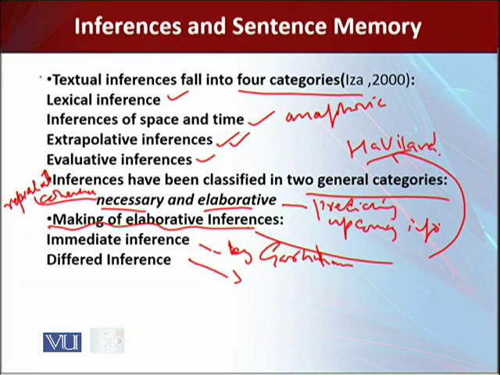Now, the plausibility comes from the fact that indefinitely many inferences can be made from a sentence or a set of sentences. The deferred inference theory claims that only necessary inferences are drawn at the time sentences are encoded. Only necessary, not all.